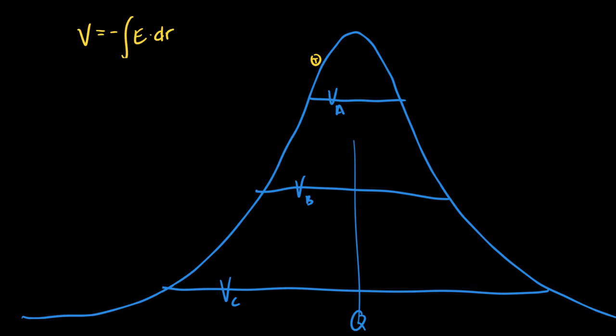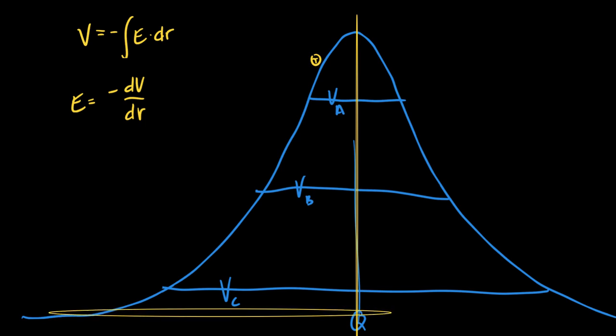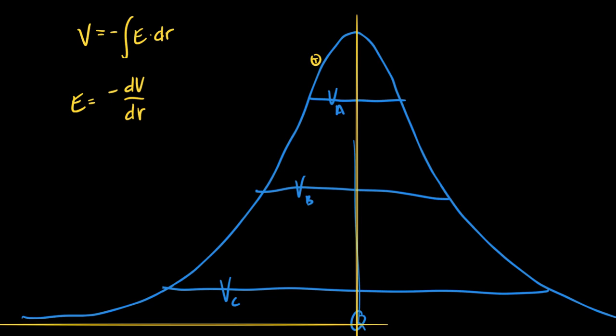If you change this to be a derivative, you get that E is going to be equal to minus dV dr. This is a graph. V in that direction, R in this direction.